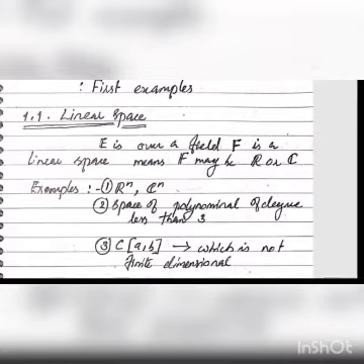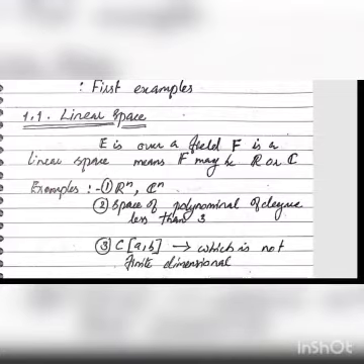So we are defining a vector space over a field F, and that F can be the real numbers or the complex numbers. For examples, we can take R^n, C^n, that means the n-tuple space of real numbers or the n-tuple space of complex numbers.